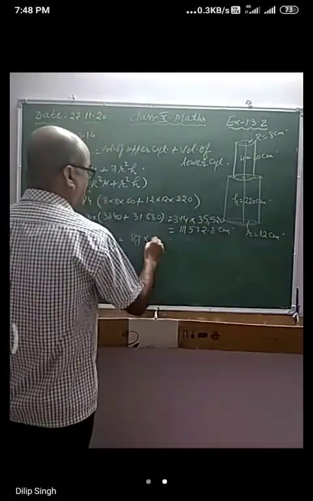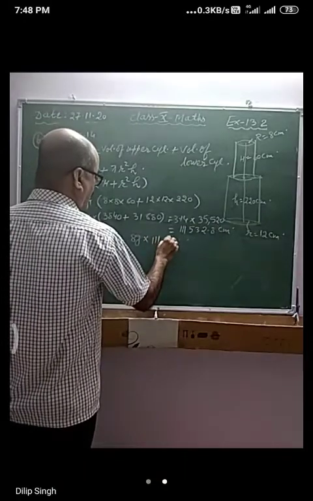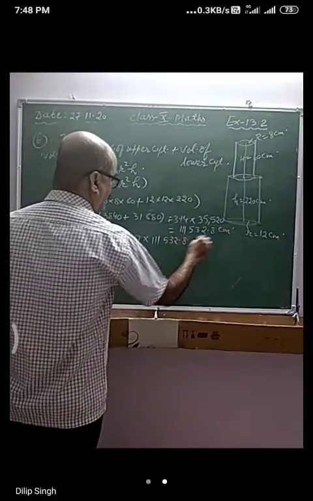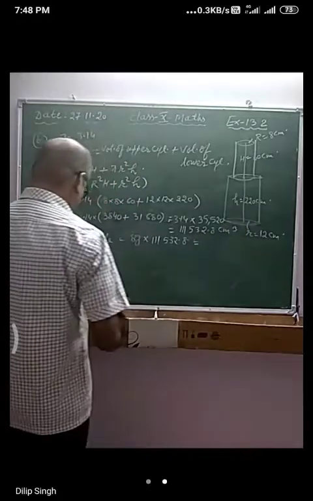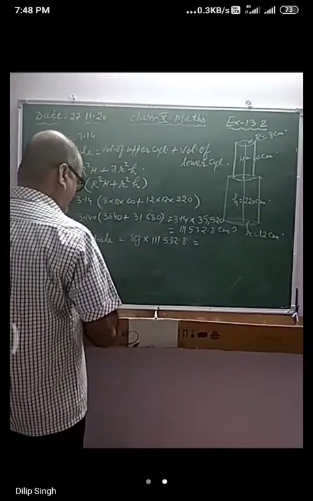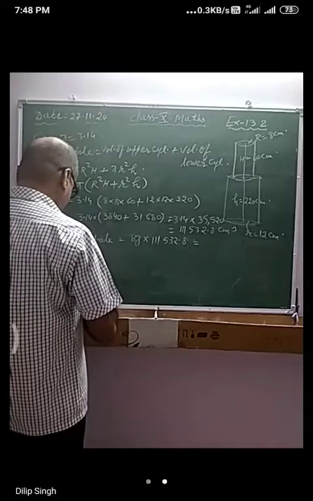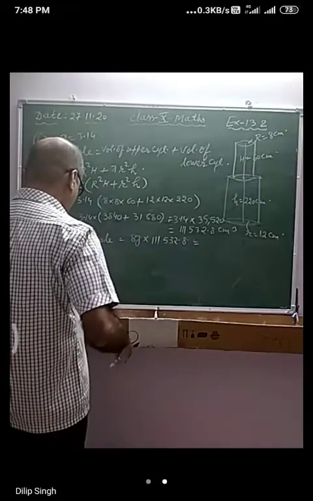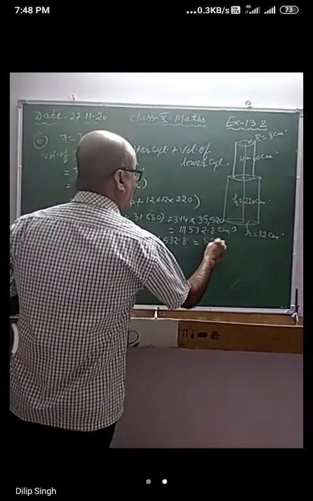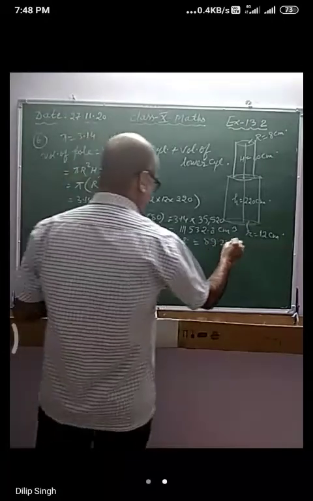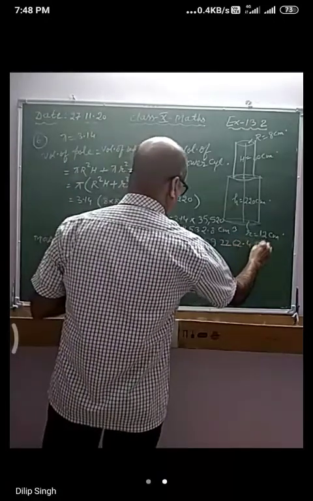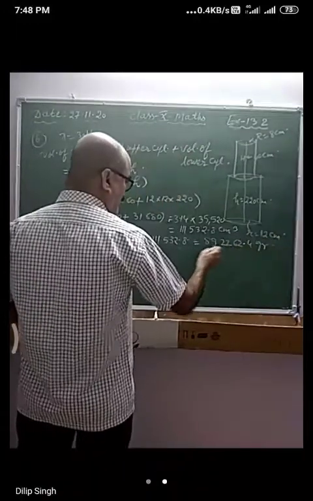Now multiply this 111,532.8 centimeter cube into 8 will be equal to 892262.4 gram.